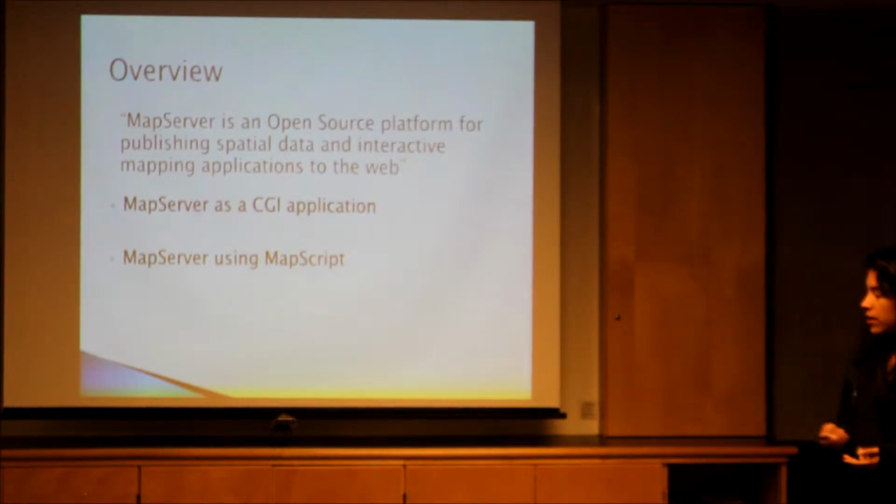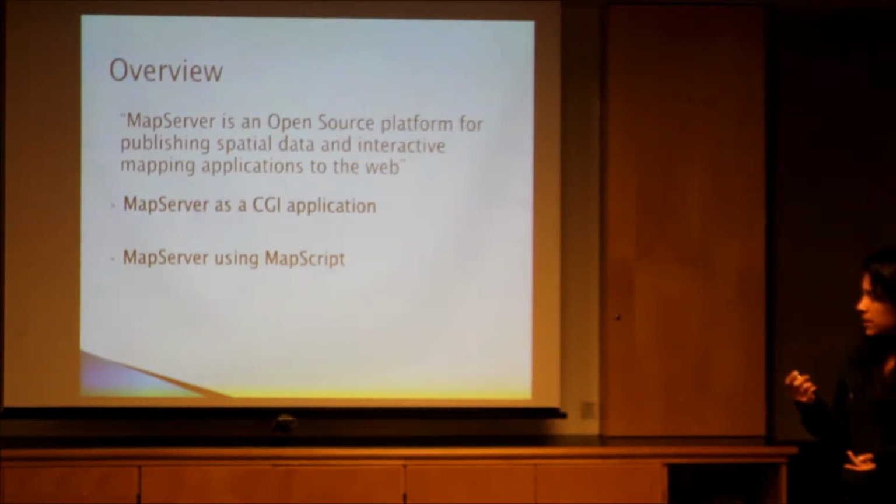On the other hand, you can also use MapScript. MapScript is a tool that pretty much does the same as MapServer as a CGI. It has the same features, but it has functions to be able to build upon MapServer.